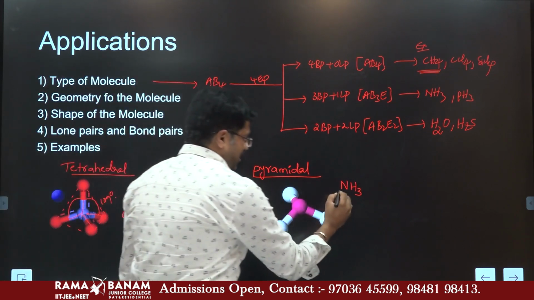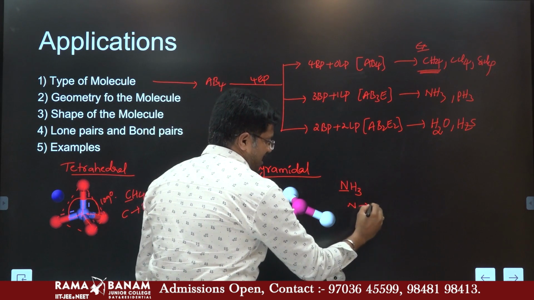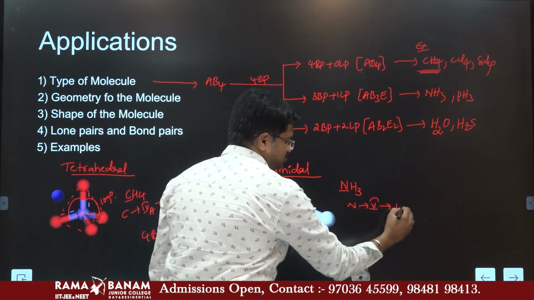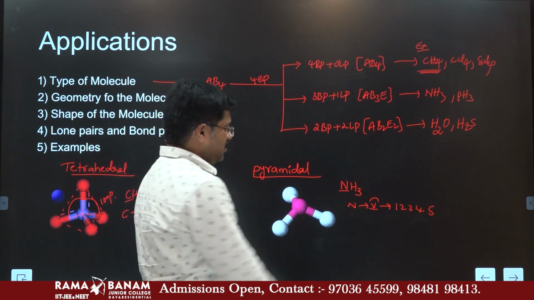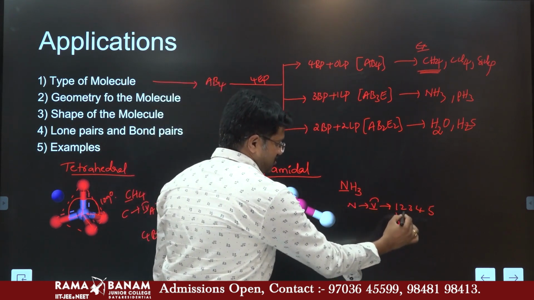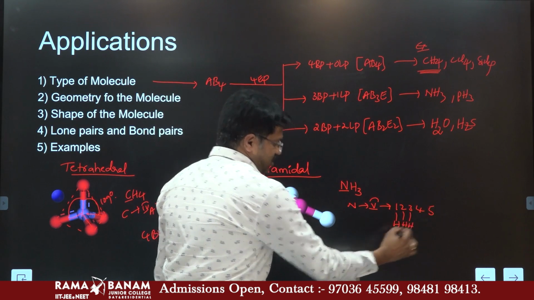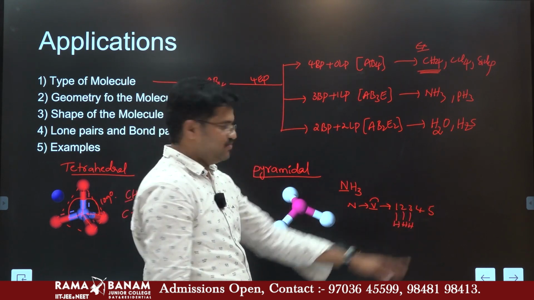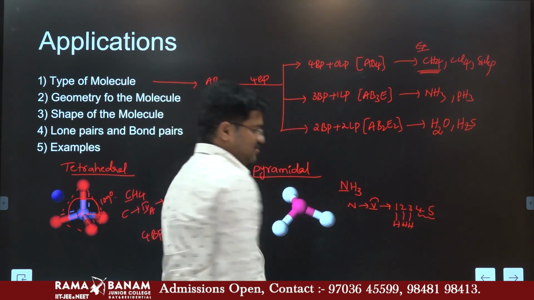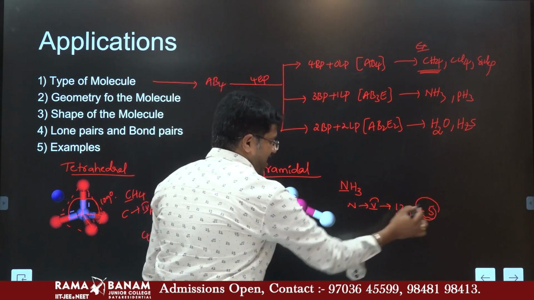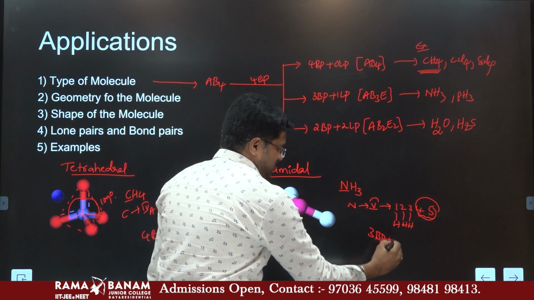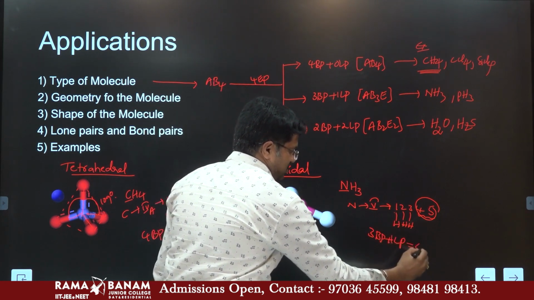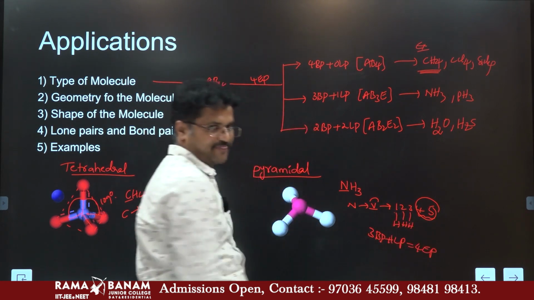Suppose we take PH3 or NH3, any 5th group element hydride. Here nitrogen is the central atom, and nitrogen belongs to the 5th group, so 5 electrons in the valence shell. Hydrogen forms single bonds; 3 hydrogens form 3 single bonds. This is the lone pair: 1 lone pair and 3 bond pairs, total 4 electron pairs.